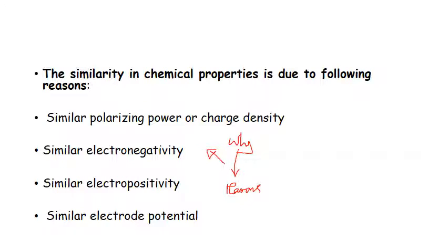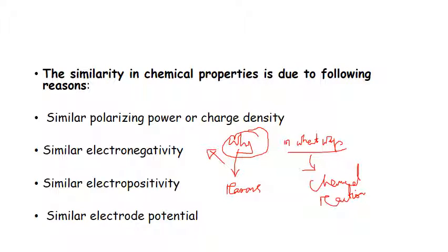But if they say in what ways, then that's when we look at the chemical reactions, or the behaviors in that case. So you should note the why, which is always the reason why these chemical reactions happen, and in what ways. You should always differentiate. If you don't differentiate those, then you're already in trouble. You just have to be very, very careful.